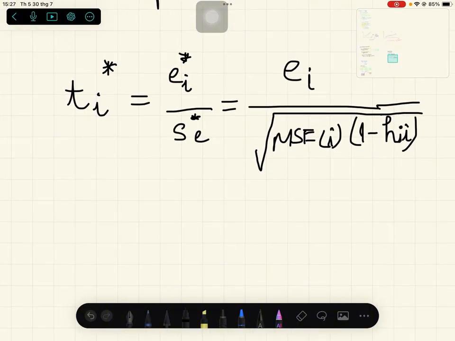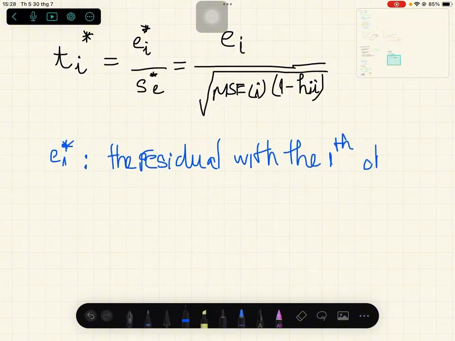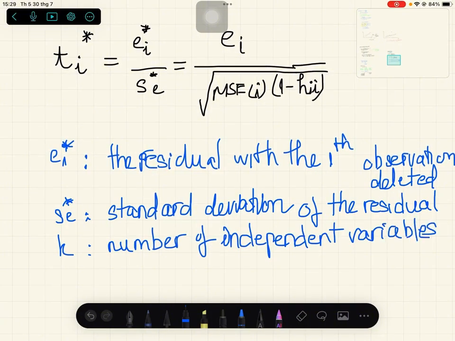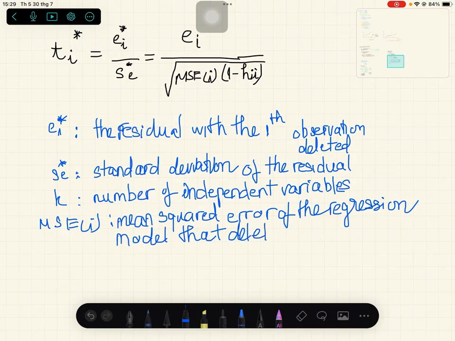Here, e_i star is the residual with the ith observation deleted. s_e star is the standard deviation of the residuals. k is the number of independent variables. MSE is the mean square error of the regression model that deletes the ith observation. h_ii is the leverage value for the ith observation.